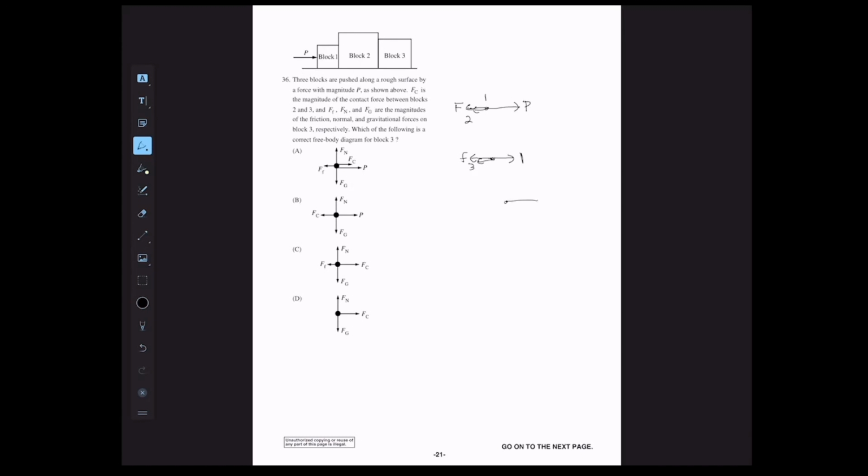And then for block 3, there's friction and block 2. Okay, well, block 2, they call it FSE, and then it has the gravity and normal force, but C is the answer.